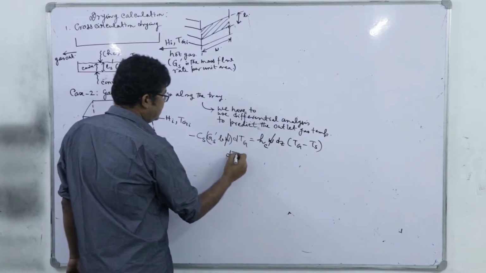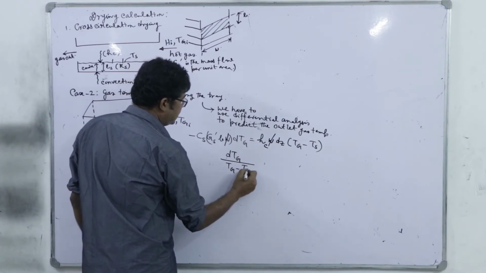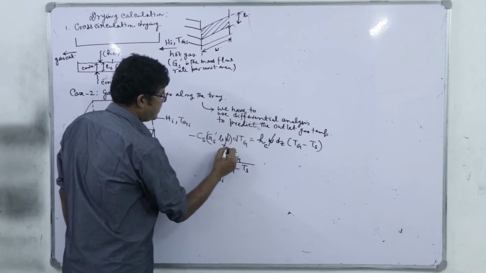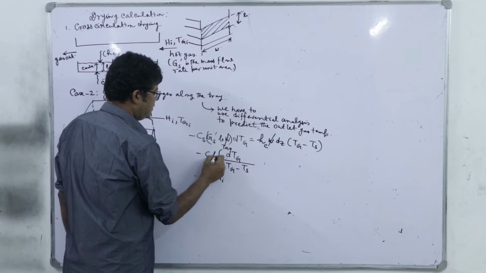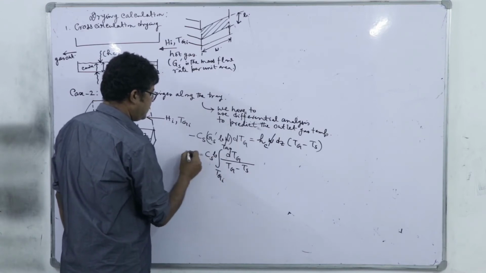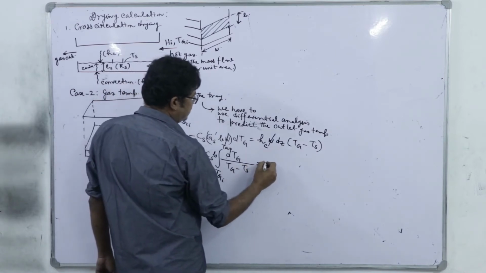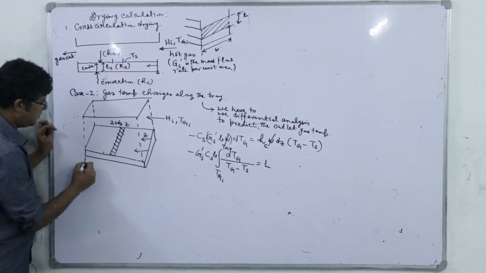So dTg by Tg minus Ts integral from Tgi to TGO, minus Cs into B into Gs prime, is equal to L, where L is the total length of the plate.